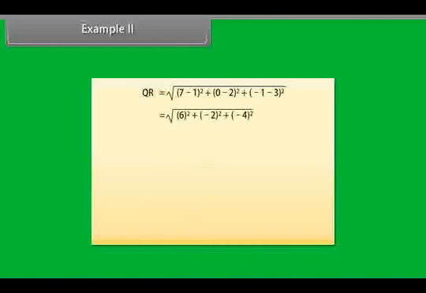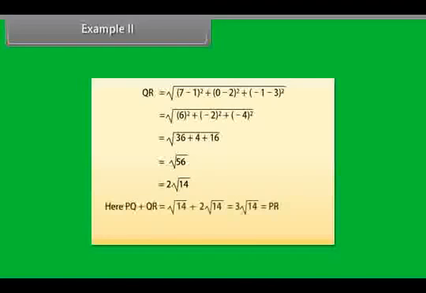After calculating QR, we get 2 into square root of 14. Here, PQ plus QR is equal to square root 14 plus 2 into square root 14 is equal to 3 into square root 14 is equal to PR.